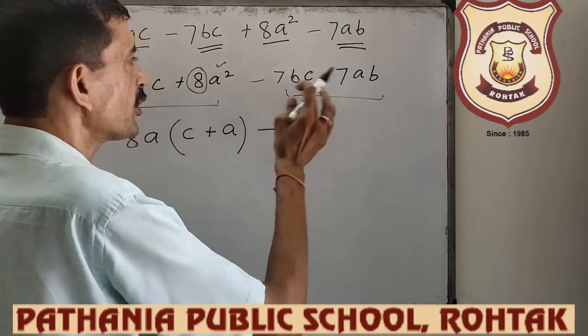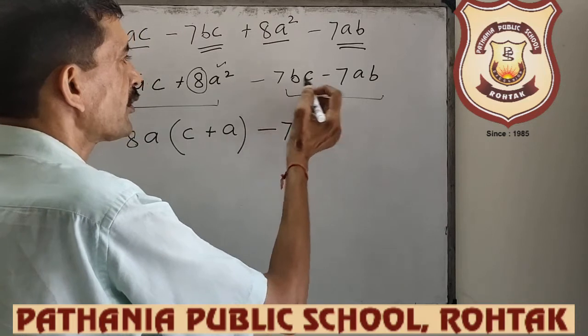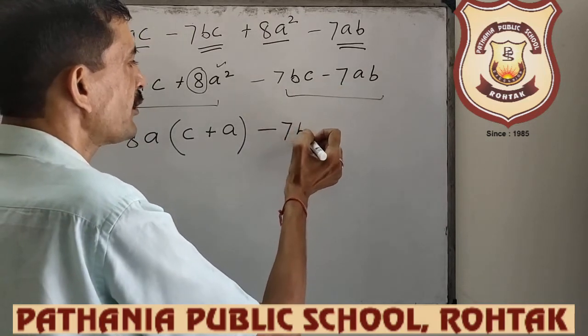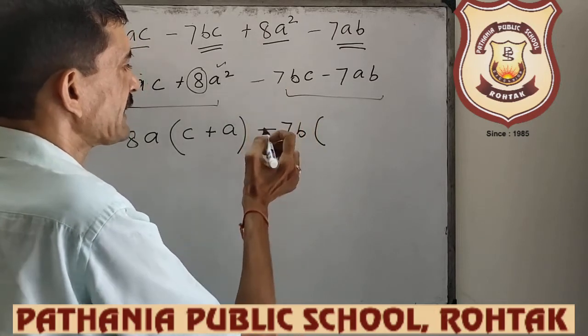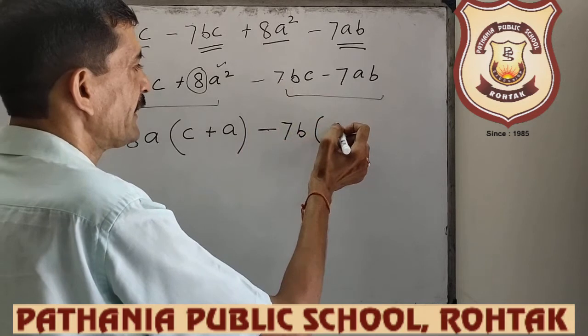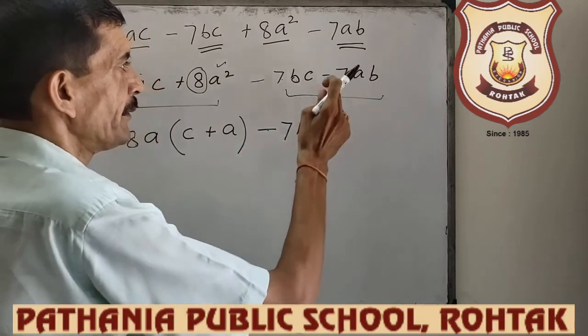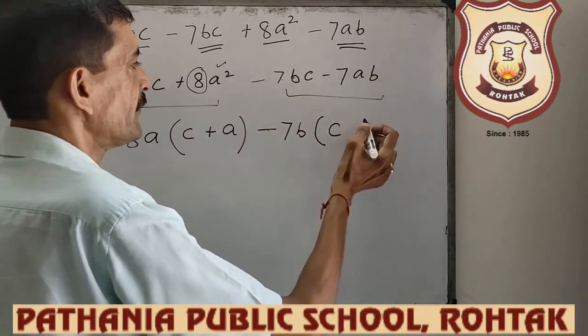Now come here. What is the common? Minus. बेटे जो दोनों में हो, सेम हो, उसको बाहर लिख दो. Now 7 is also common, b is also common, बस this one is common. Minus sign is outside, 7 is outside, b is outside. What is left? C. Minus sign is out, 7 is out, b is out. What is left?